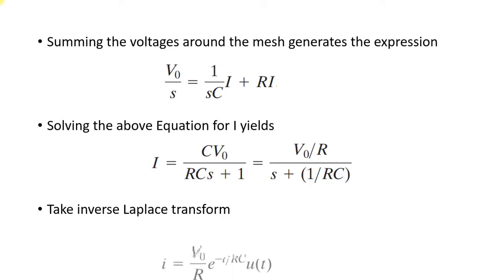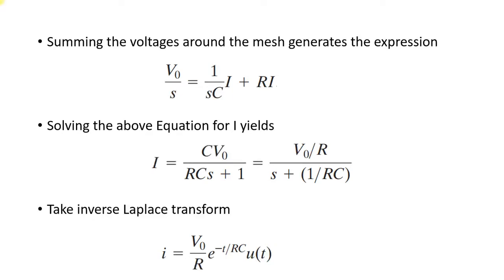So here A is replaced by 1 by RC into t. The constant is taken outside, which is V naught divided by R. Here u of t represents the unit step signal. I already told that we use the Laplace transform with limits from 0 to infinity, so I use u of t here.